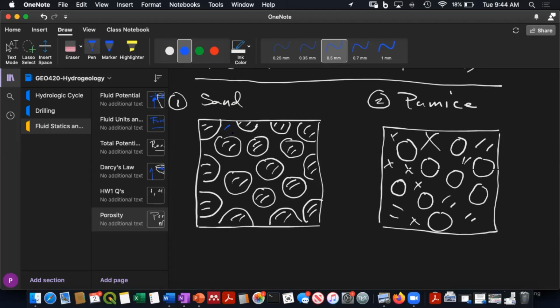So here my pore space surrounds the grains. And here my pore space is inside these gas vesicles, and I've got crystalline matrix surrounding those bubbles.